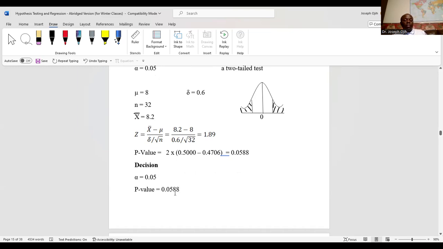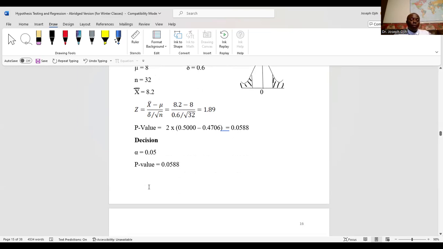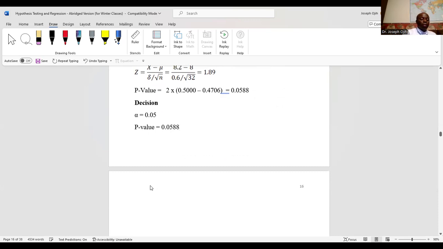Because this p-value is bigger than alpha, we would not reject H0. If it's smaller, we reject.